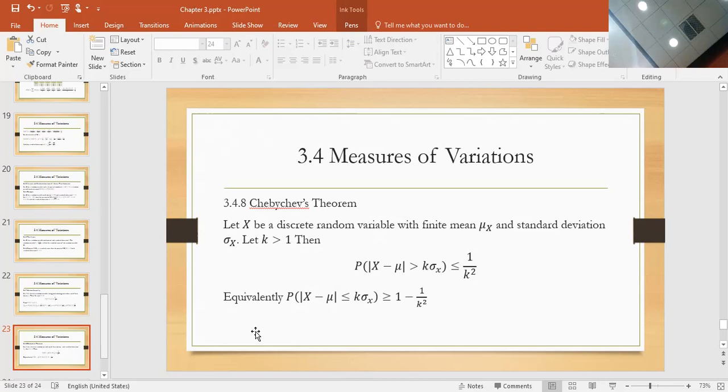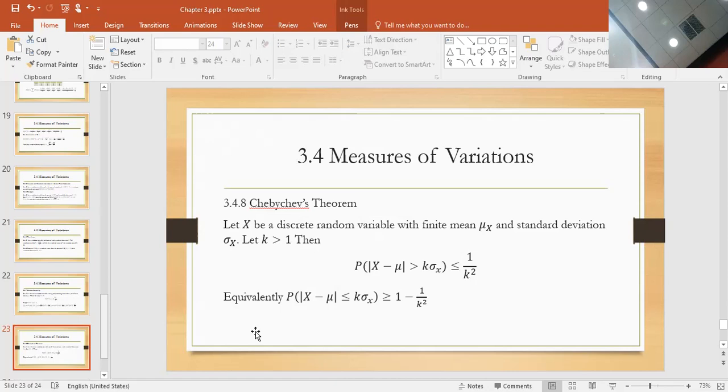So that is why we write this as the probability that the absolute value of x minus mu is less than k sigma is greater than or equal to 1 minus 1 over k squared. The opposite of this statement, which is this second one, is the one I like using.